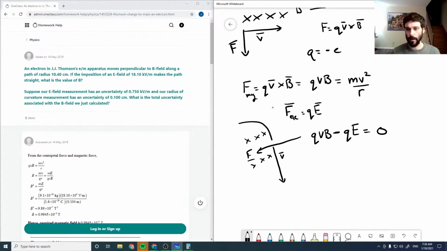As for it to fly straight, there's no longer centripetal acceleration, so QVB is equal to QE. What is the value of B? So B is E over V.